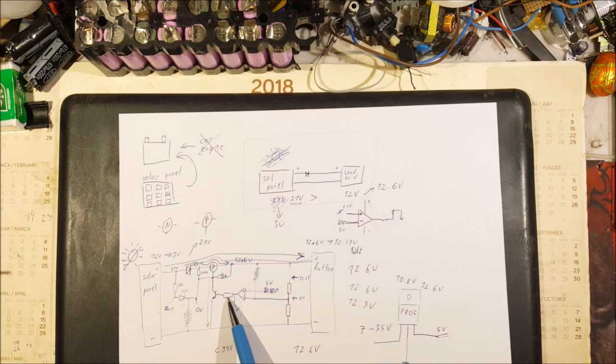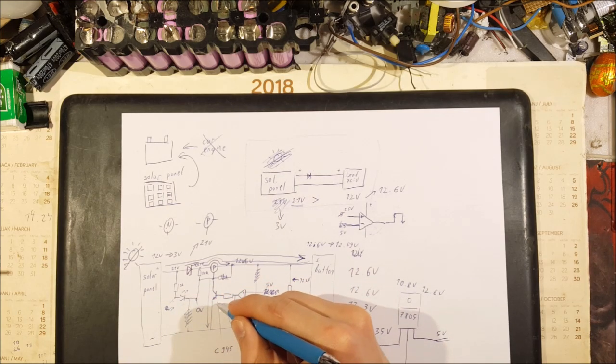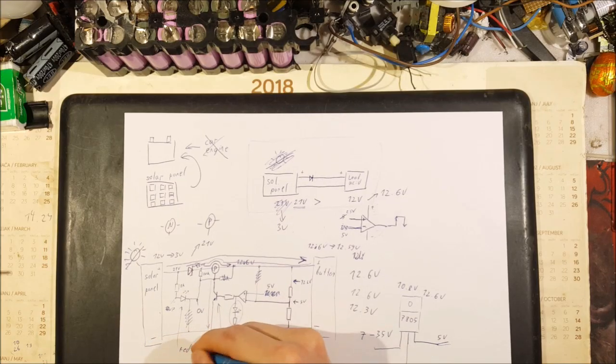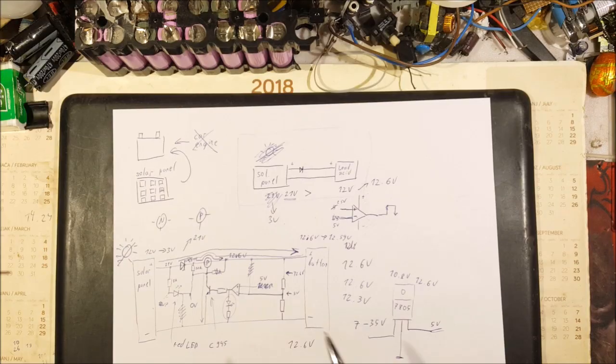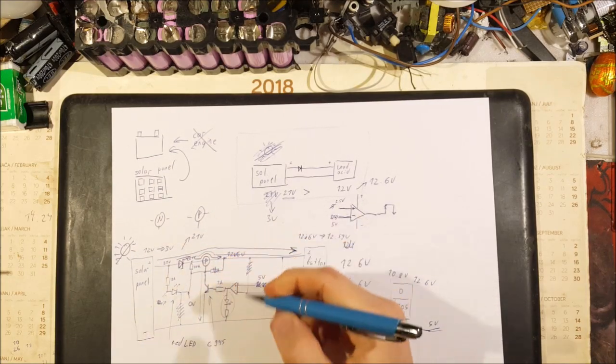So this is a C945. This will be a simple red LED. This base driving resistor right here, you can use, say, 1 kilo ohm.